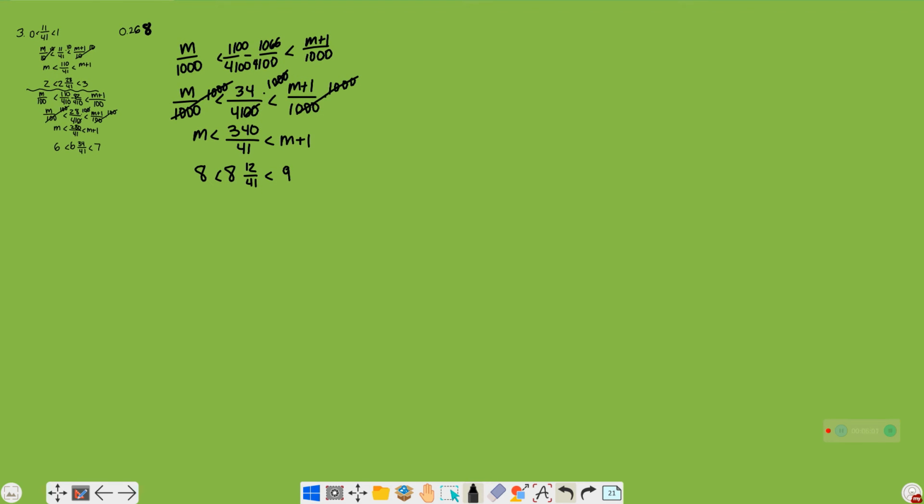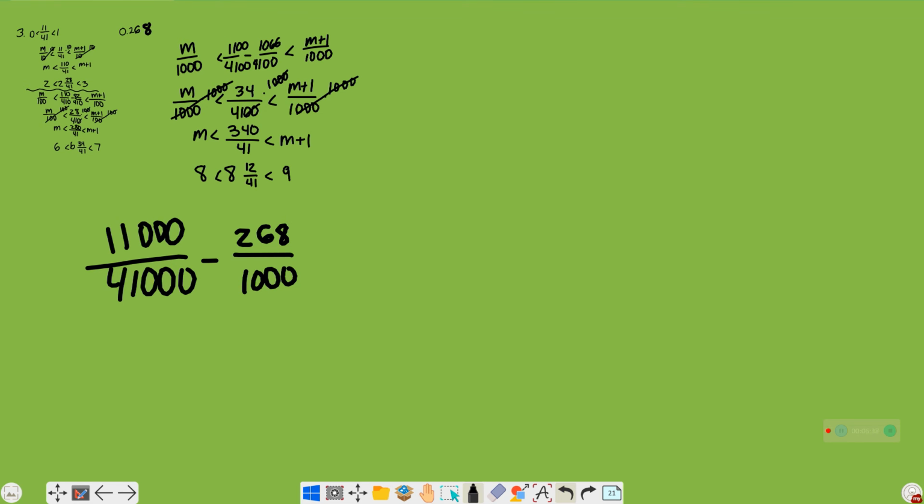Okay, so now going back to our original, sorry, it just keeps getting smaller and smaller. We had 11 over 41, and we need to remove 268 thousandths because that's in the thousandths place, which means we need to change these to have a common denominator. So we're going to multiply this fraction over here by 1,000. So we now have 41,000, and on the top we had 11 times 1,000, which is 11,000.